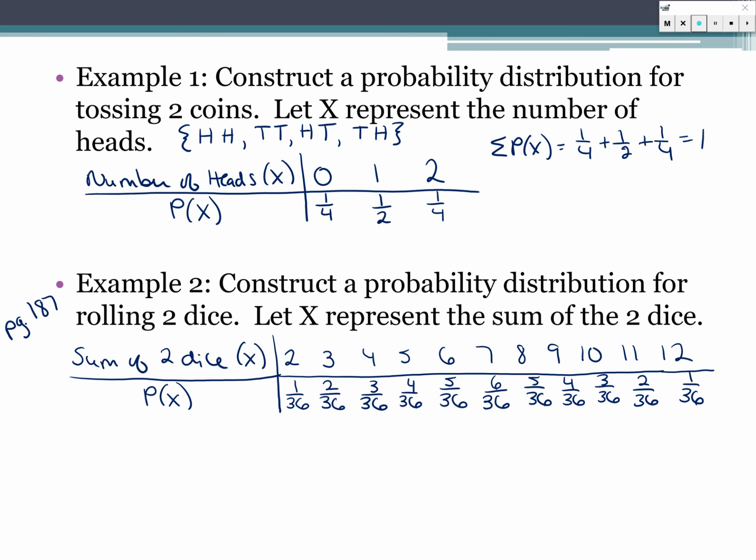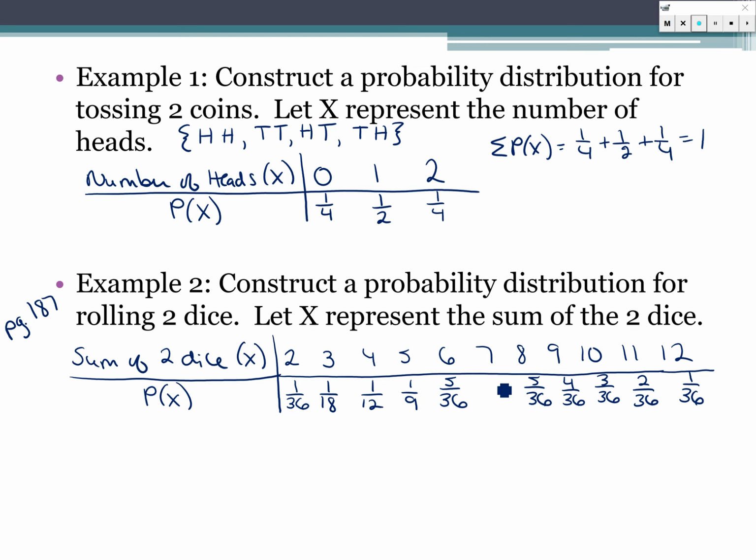Now, should I go back through like we did up above? Should I have those simplified? Yeah, I really should. So this really should be 1/18. This really should be 1/12. One ninth.